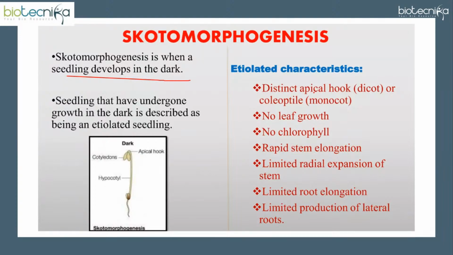For example, here we have a distinct apical hook, no leaf growth, no chlorophyll, and rapid stem elongation. There it was suppression, so here elongation. Rest everything will be limited: limited radial expansion, limited root elongation, limited lateral root formation. So whichever you feel confident with, remember only that part. The other part, you can remember as the opposite one.